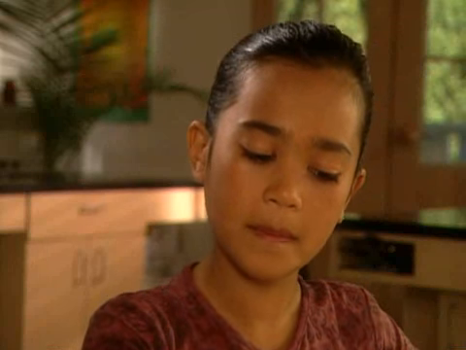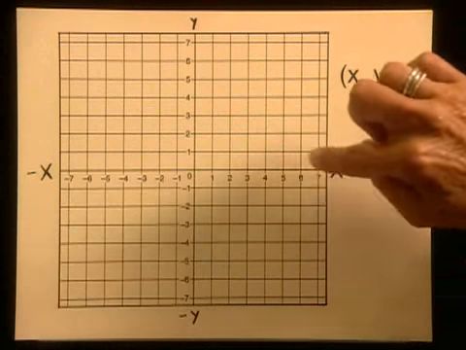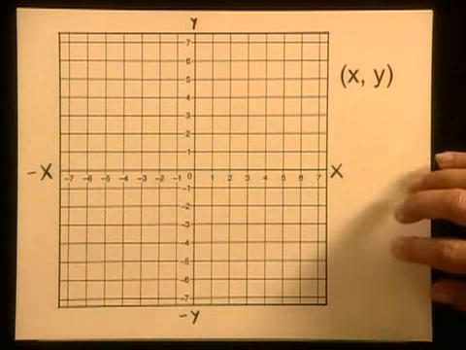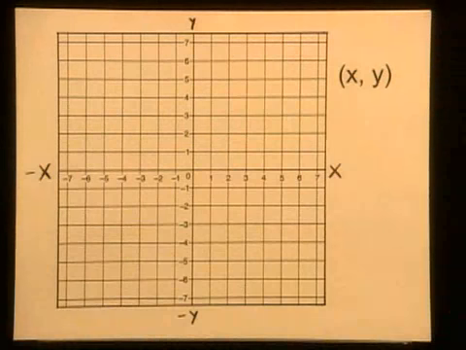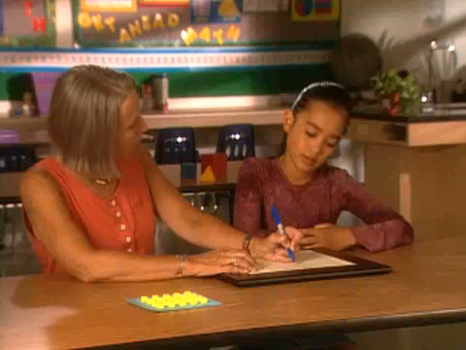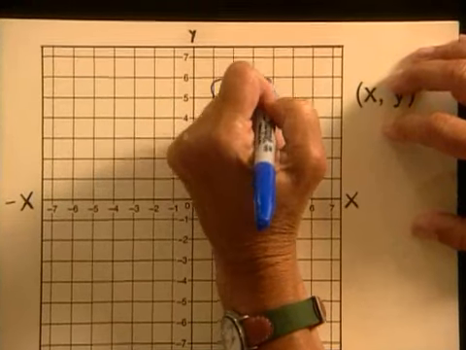It's really important to remember when you're graphing coordinate pairs that your x comes before your y, just like it does in the alphabet. Now, if you look at this coordinate grid, you'll see that the x-axis and the y-axis divide it into 4 parts, and each of these sections has a name. This section up here, starting with the upper right-hand corner, is called quadrant 1.